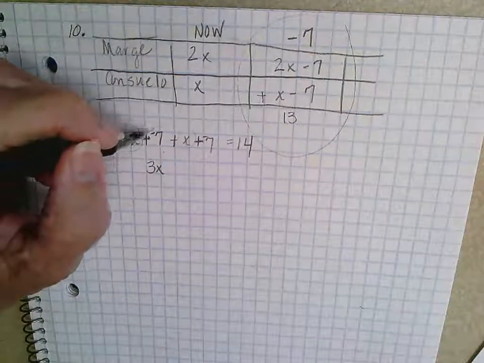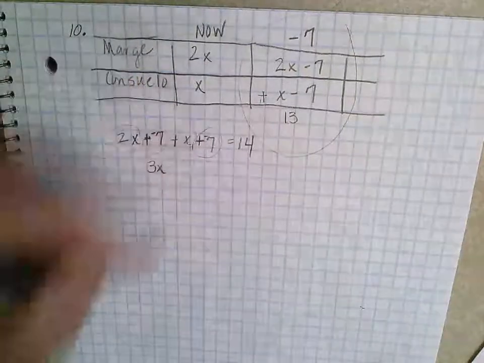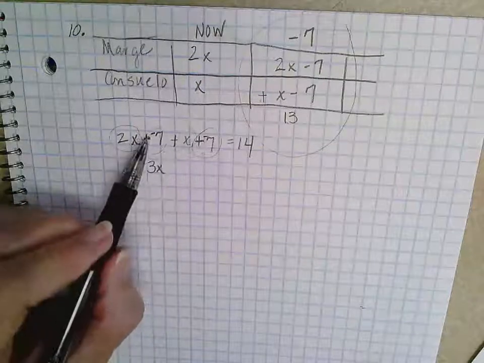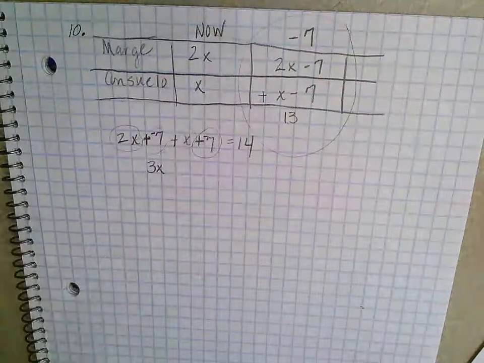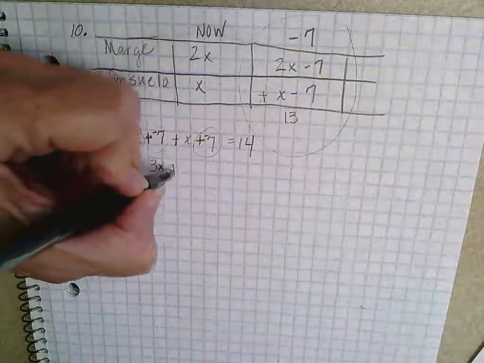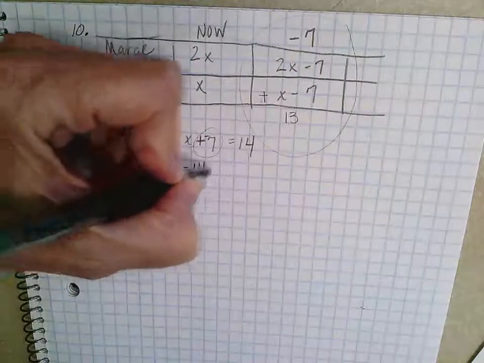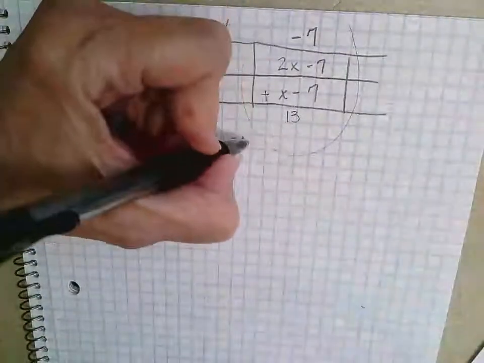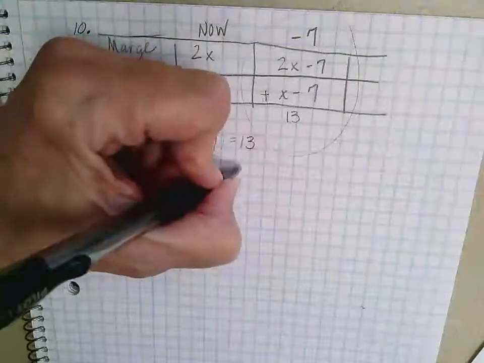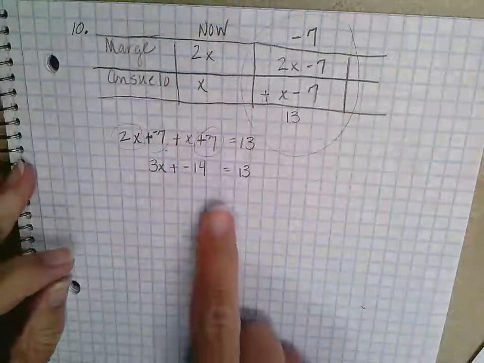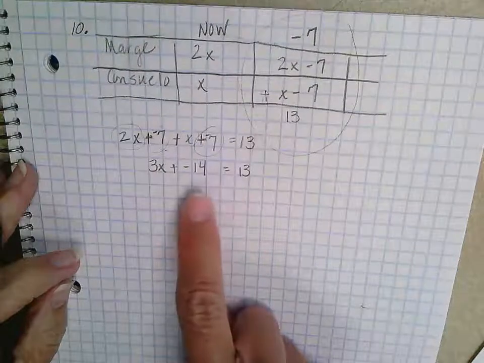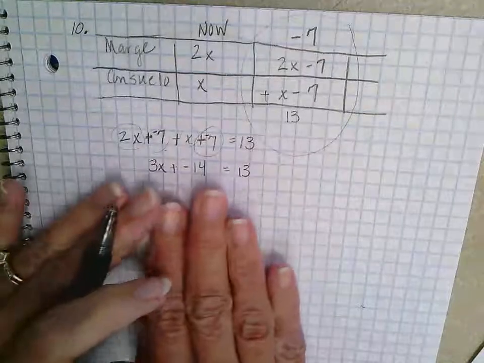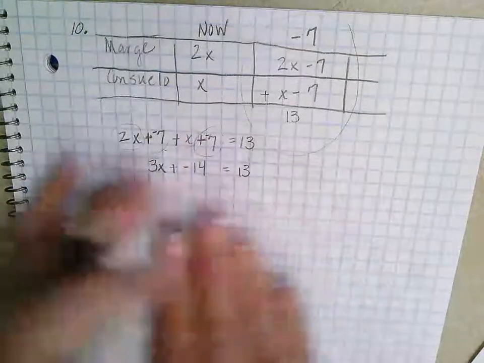So now I can add these like terms. These are 2 negatives. When the signs are the same when I'm adding, I take the sign of my addends. So that's going to be plus negative 14 is equal to, oh, I wrote 14 instead of 13. So that's equal to 13. Now my x's are on this side. I have no x's over here, so I want to have all numbers over on the right-hand side.